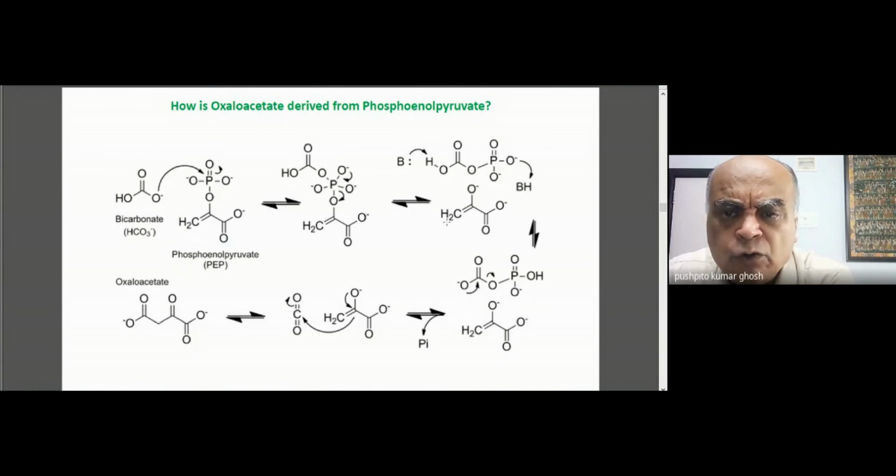I'm not going to go into all the details, but there are a series of equilibria, and effectively what happens is that the molecule can be expressed, as I told you, in this enol form, and over here the phosphate has broken off, so it is an O minus.